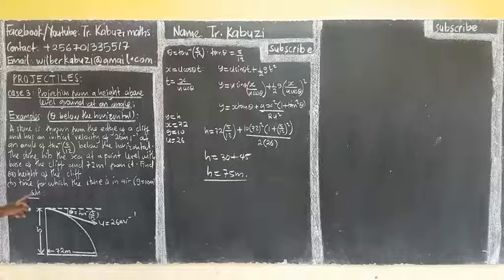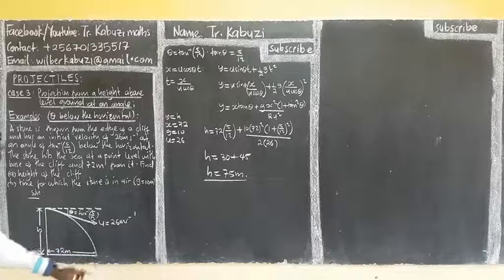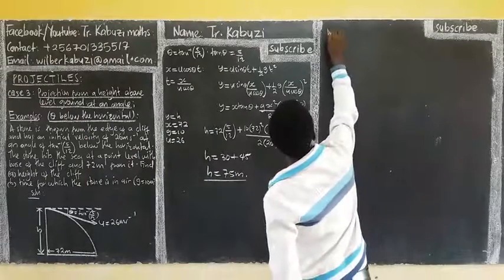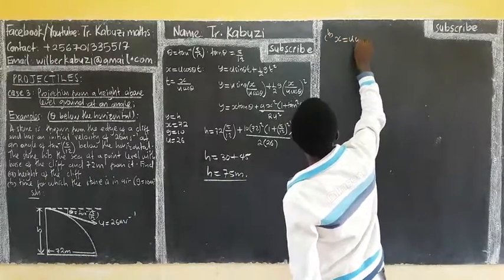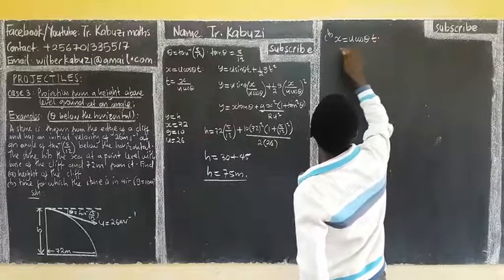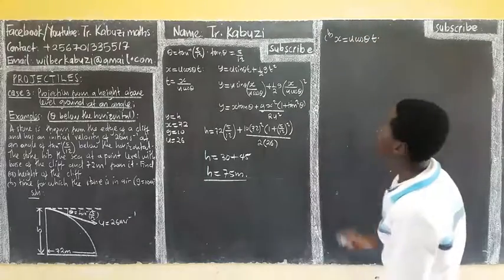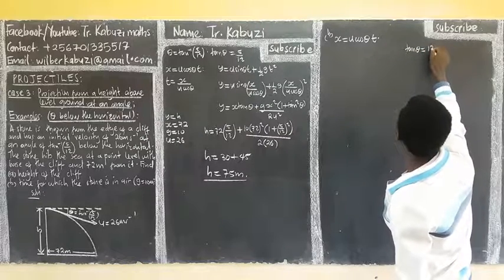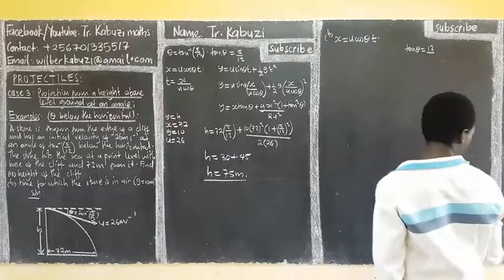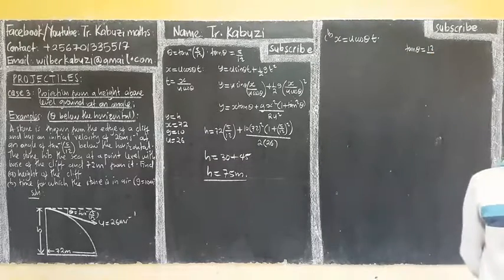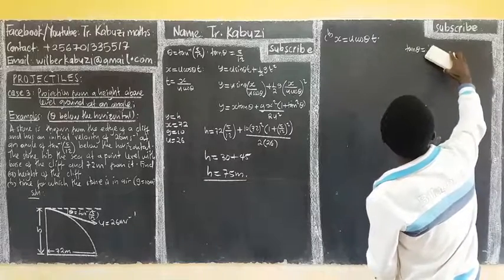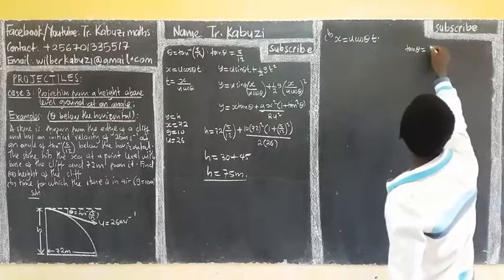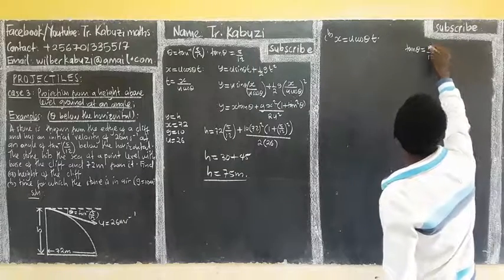Now they want us to find the time for which the stone is in the air. This time means that it had covered a horizontal distance of 72. So in part B, from x equals u cos theta t, we are missing cos theta. Remember from our tan theta, it was 5 over 12.